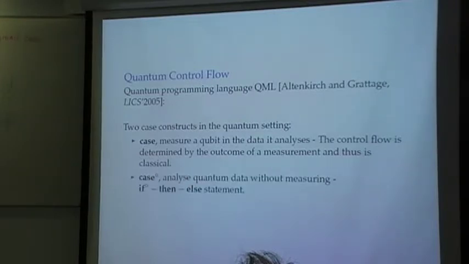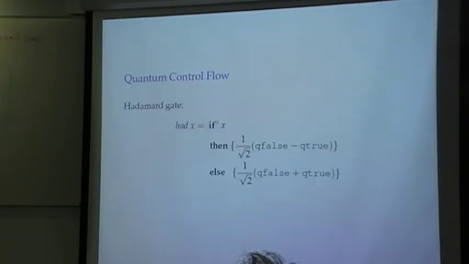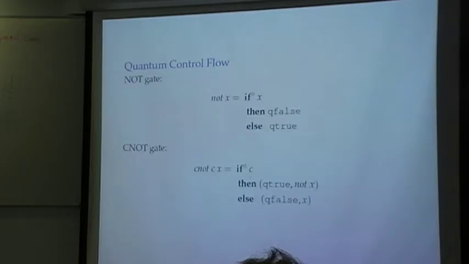But they also have this case construct. So this construct analyzes the quantum data without measurement. So let's see some simple examples. The Hadamard gate can be implemented, written using this if then else statement, and also NOT gate and CNOT gate.